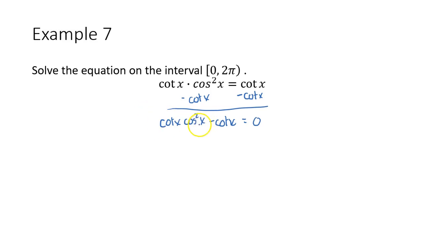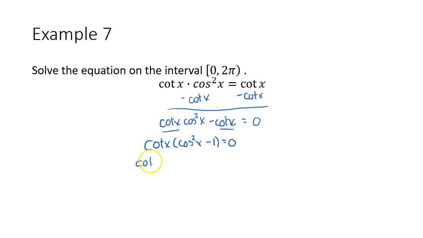Okay, let's factor out the greatest common factor. That's going to be cotangent of x. This becomes cotangent x times cosine squared x minus 1 is equal to 0.